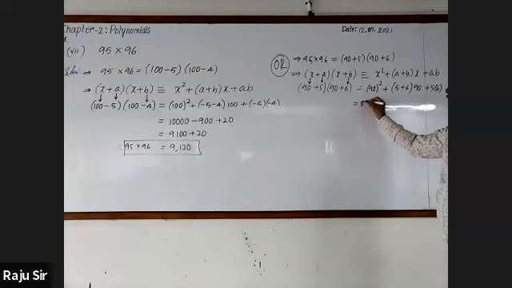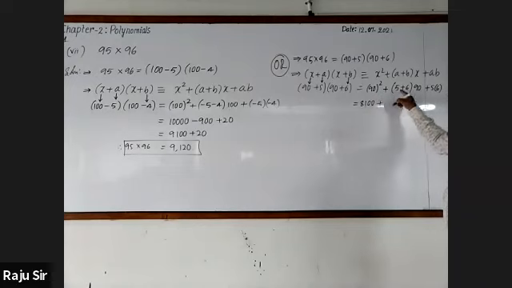Same will come, sir. The same. 5 plus 6, 11. 11 into 90 is 990. 990 plus 5 sixes are 30.